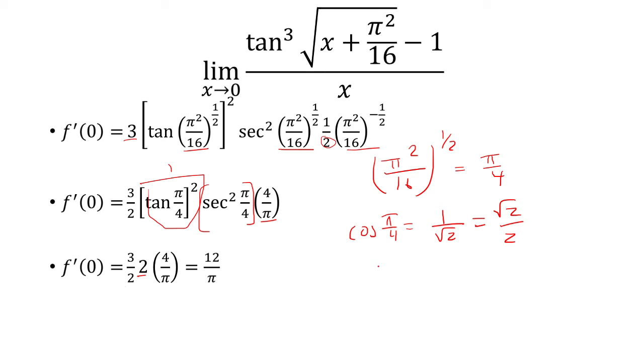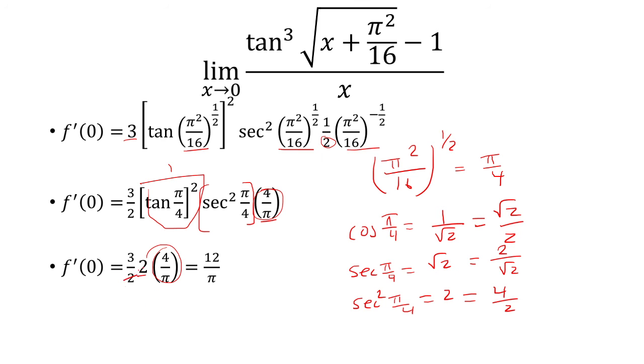Let's keep 1 over root 2 because that's easier. Because that's just root 2. And then square that. You get 2. But if you want, you could just show that it's 2 using the root 2 over 2. Okay, so that's 2. And then obviously keep the 4 over pi the same.